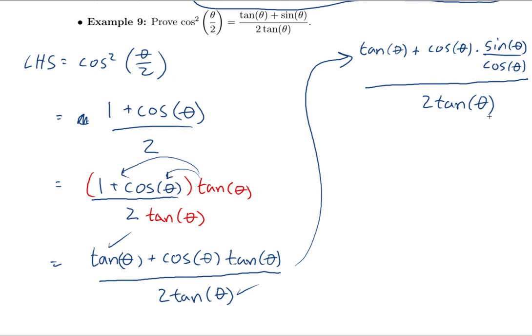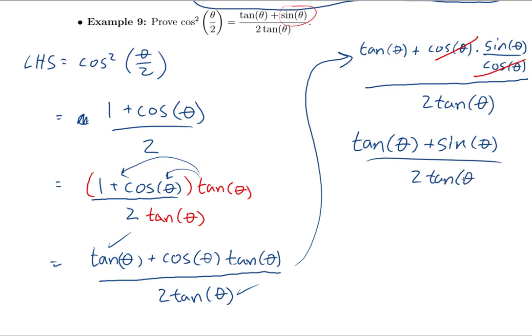But then you can see exactly what we want to happen has happened. Those cosines cancel, and I'm left with this sine that I have in that term. So to clean this up, this is just the tangent of theta plus the sine of theta divided by 2 tangent theta, which is our right-hand side.